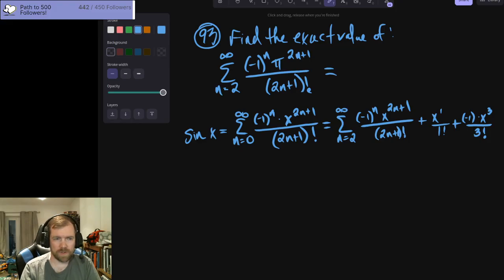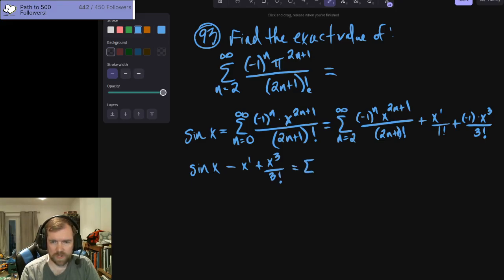Okay, so this is going to be sine of x minus x to the 1st plus x to the 3rd over 3 factorial, which is going to be equal to the sum as n goes from 2 to infinity of all that stuff.